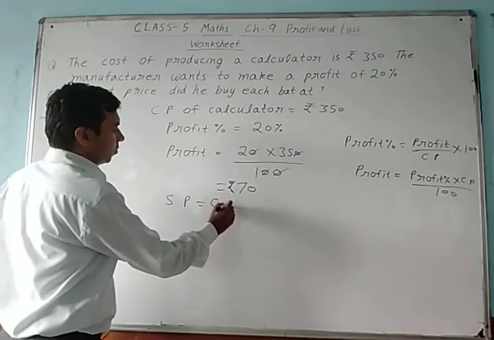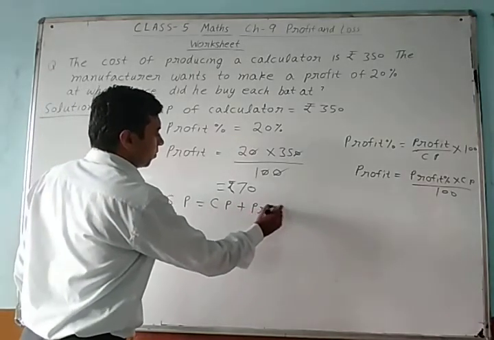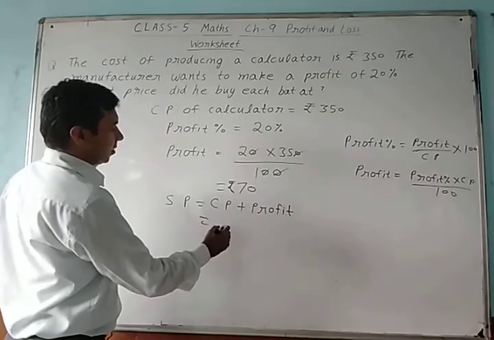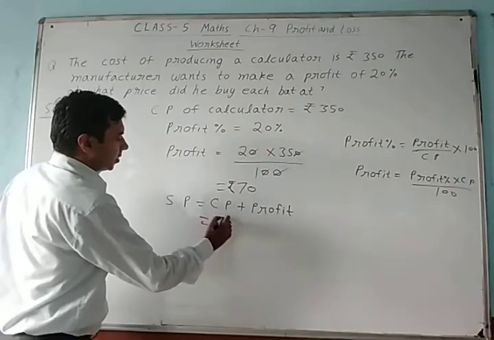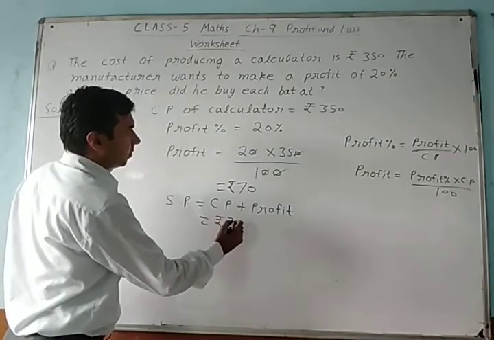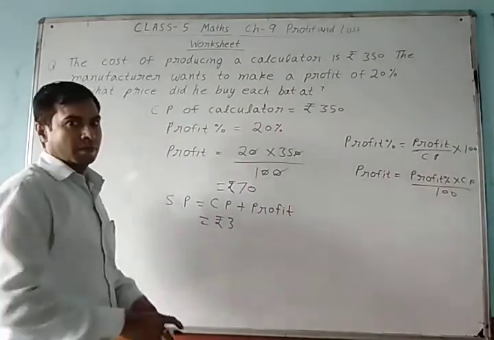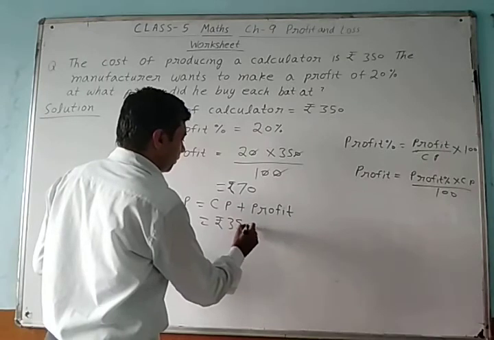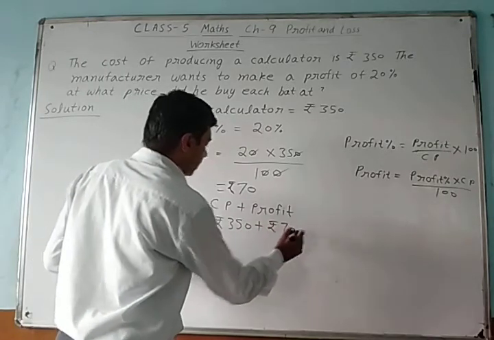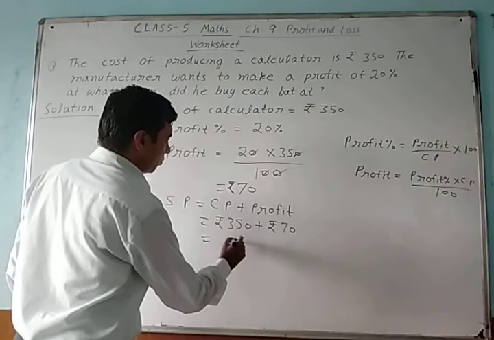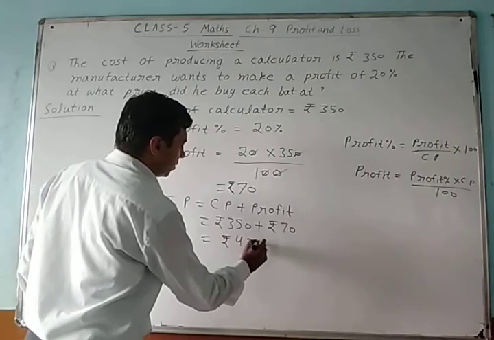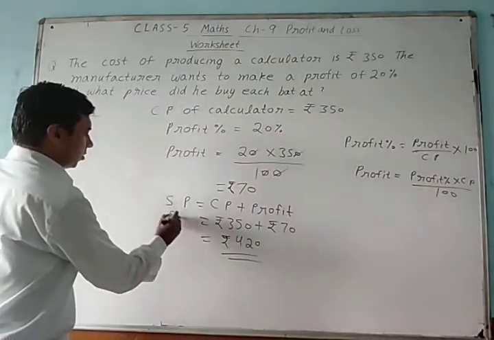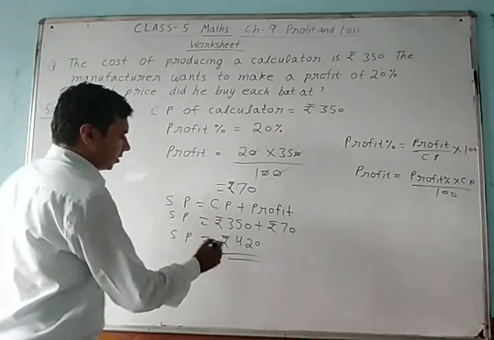So cost price, student, rupees 350, plus rupees 70: 7, 3, 10, 12, rupees 420. This is our selling price. This is our answer.